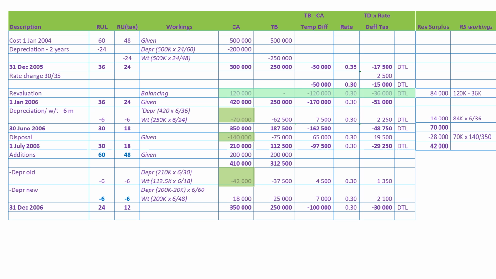From that 42,000, we then need to work out what portion of that reval surplus gets depreciated when we depreciate our old plant. To calculate that, we take 42,000 multiplied by 42 over 210. And thus, as at 31 December 06, our revaluation surplus balance is 33,600.